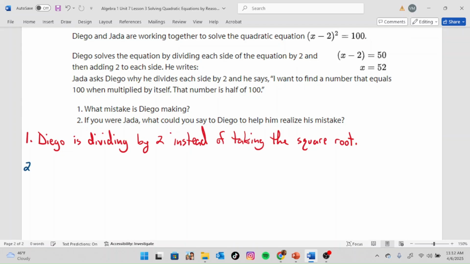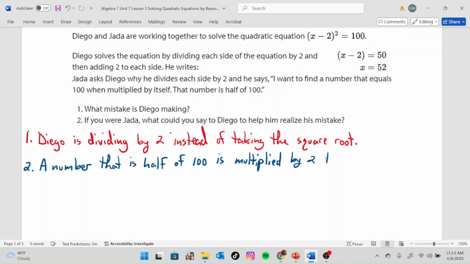So what I would say is a number that is half of 100 is multiplied by 2 to equal 100.